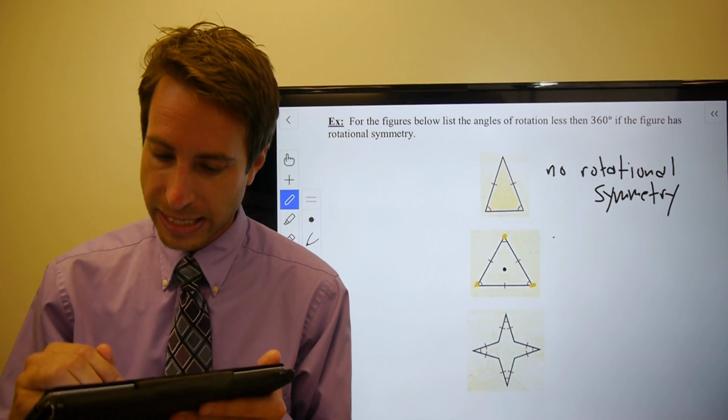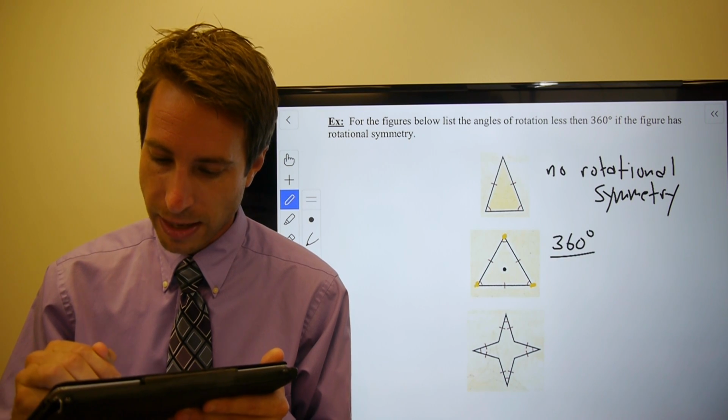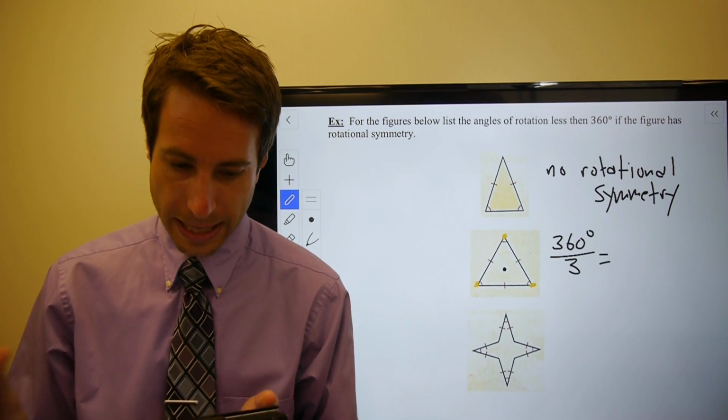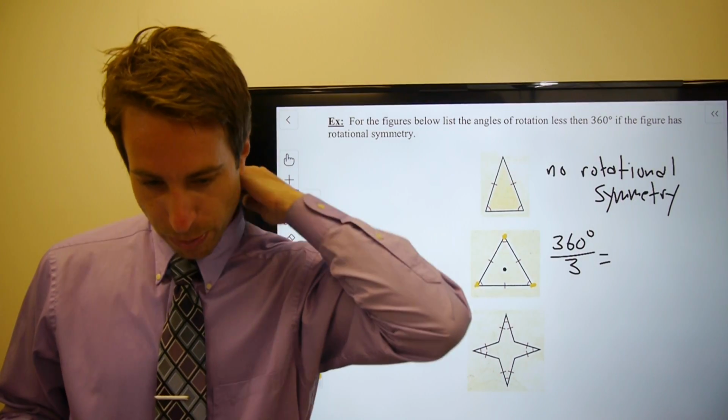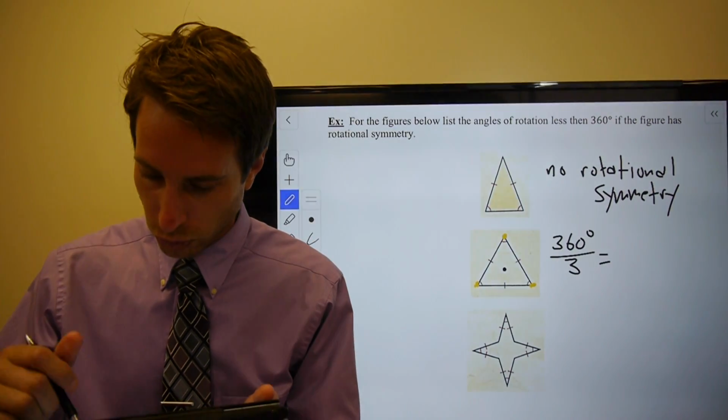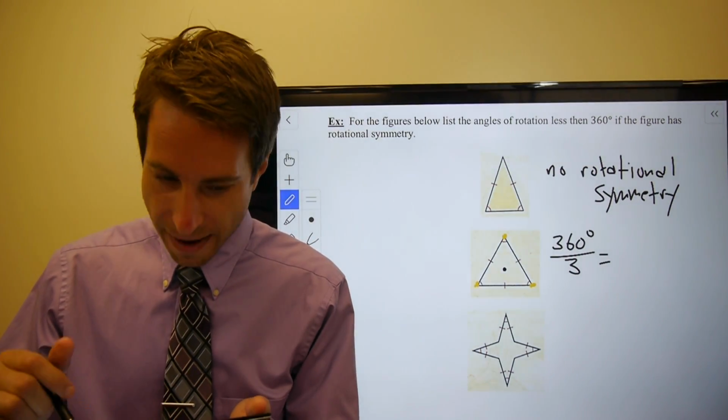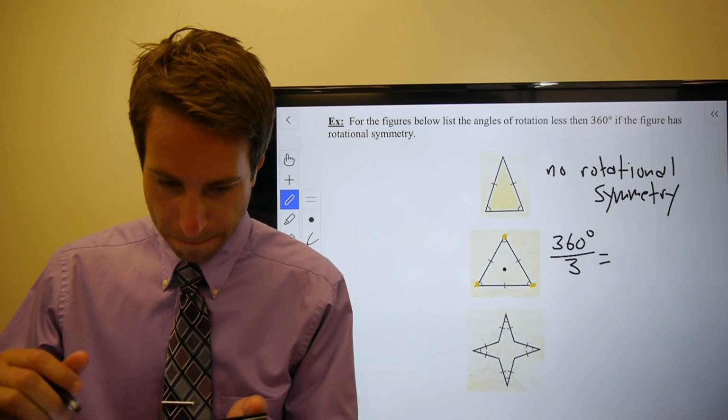Well, the math here is real easy. 360 degrees divided by 3, I have rotational symmetry.